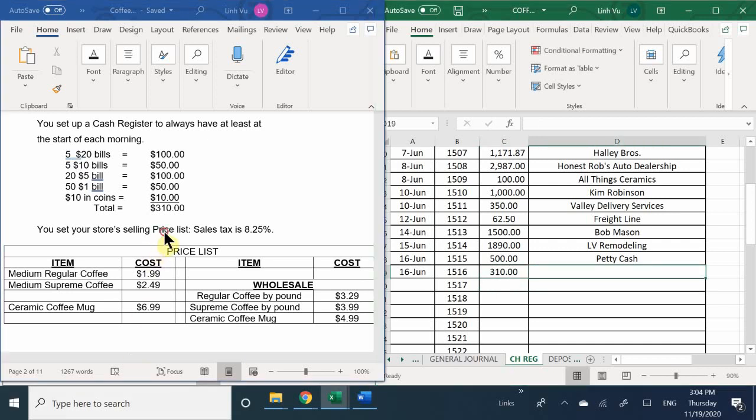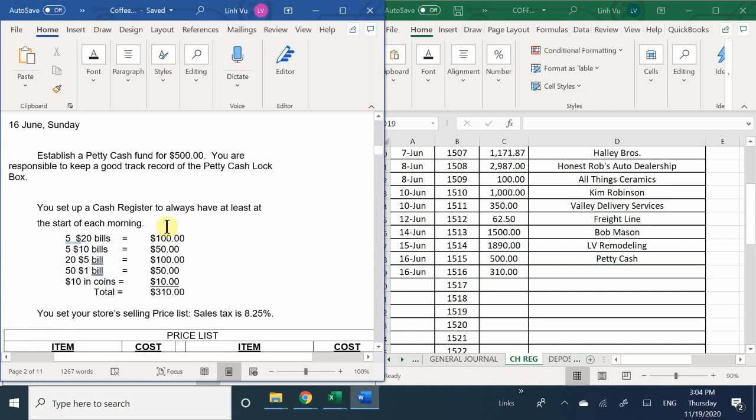Whoever's in charge of the cash register, I believe, did I make Irene in charge of the cash register? It does not say, but I'm going to go ahead and make Irene in charge of the cash register because she is my worker, and she already started working. Remember, we set to have her work on the 14th. So her job is to take care of the cash register and to make the coffee.